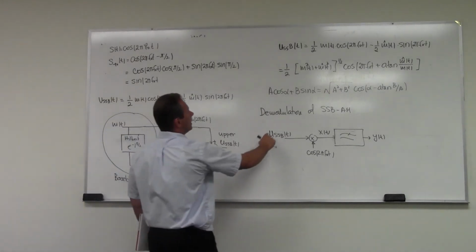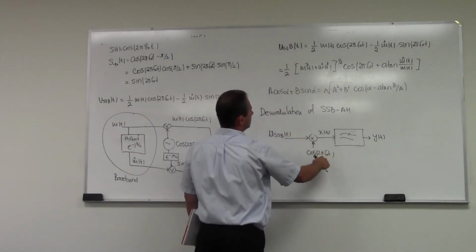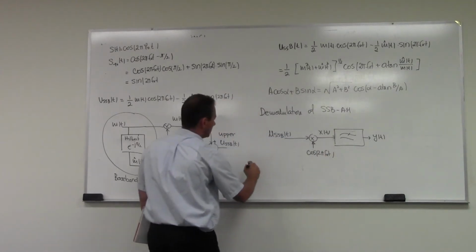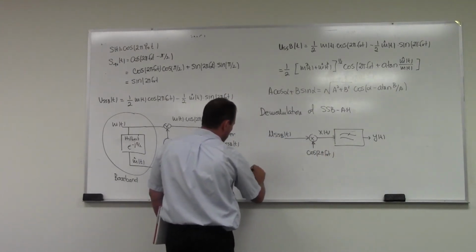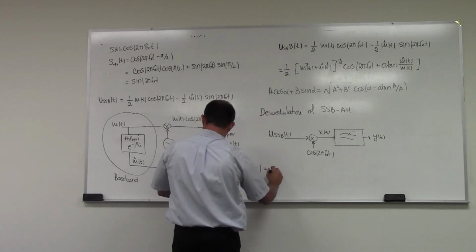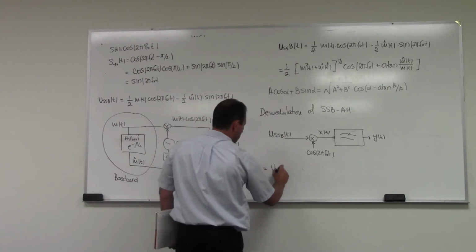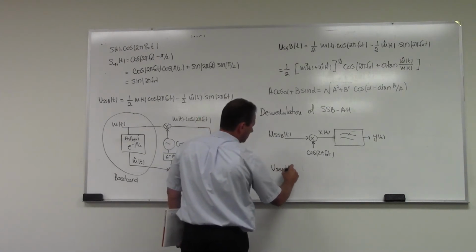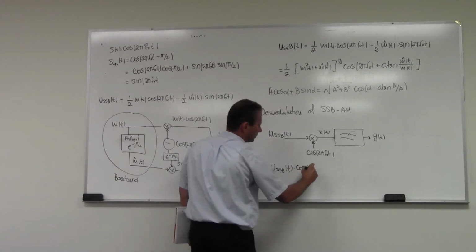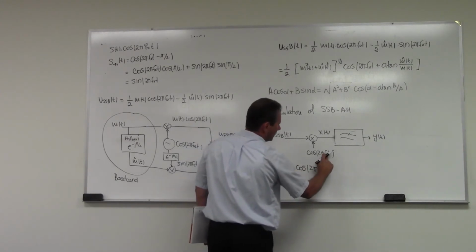So if I take this signal and multiply with the cosine, you get that x of t is going to be u single sideband of t times cosine of 2 pi f_c t.